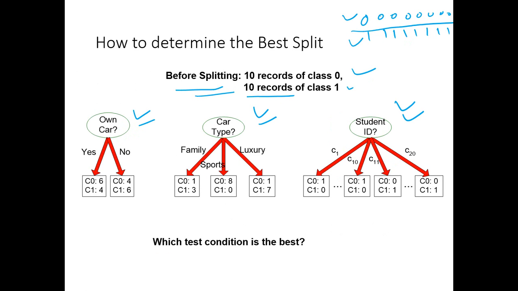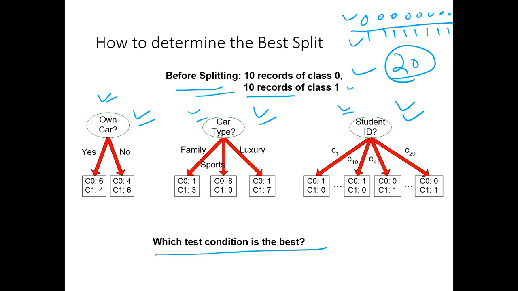So which test condition is the best? Car ownership, car type, or student ID? Now let's see the distribution of these observations. We have 10 zeros and 10 ones, 20 observations within this category, right?